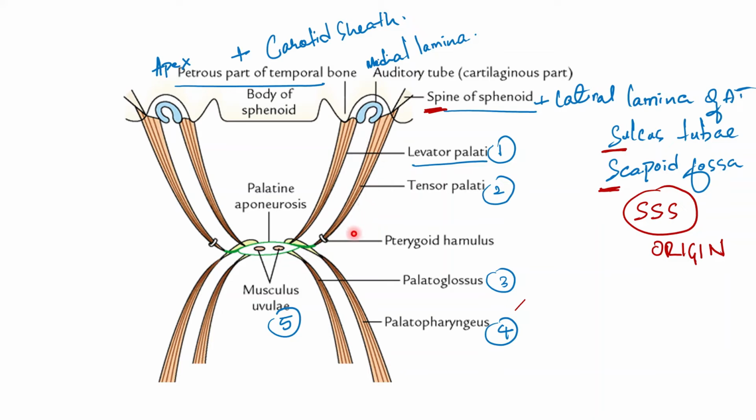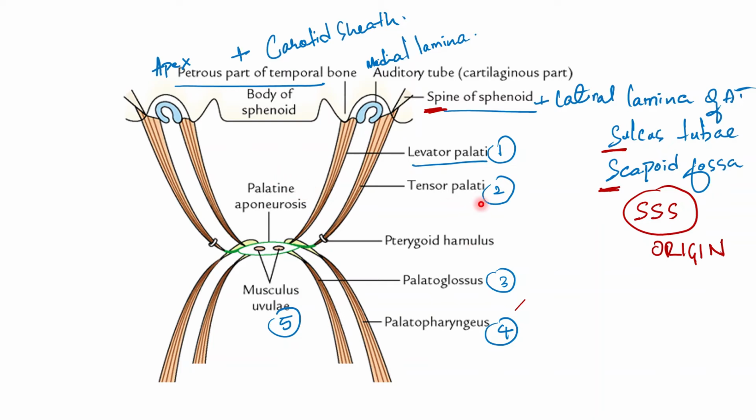As I have already told, towards the insertion, the tensor palatini makes up the expanded tendon to form the palatine aponeurosis, after winding around the pterygoid hamulus. So this is about the insertion of the muscle tensor palatini.